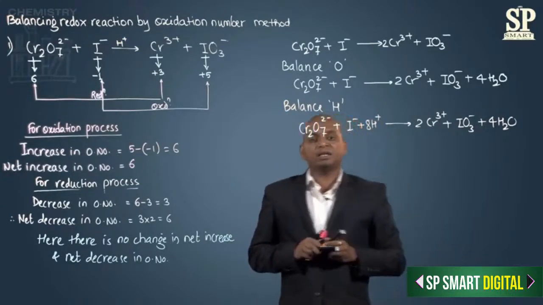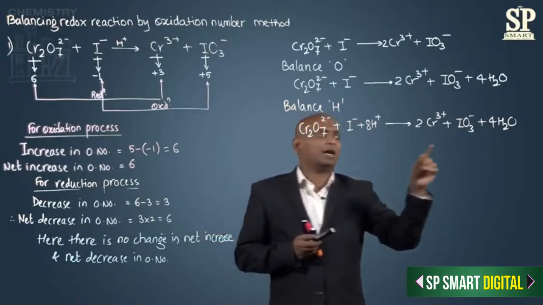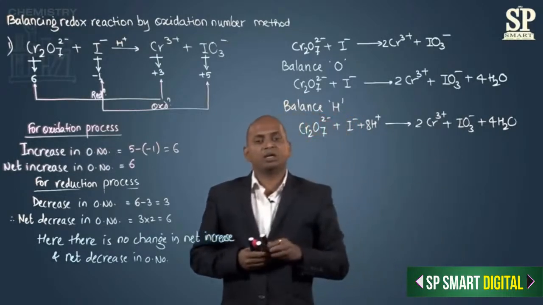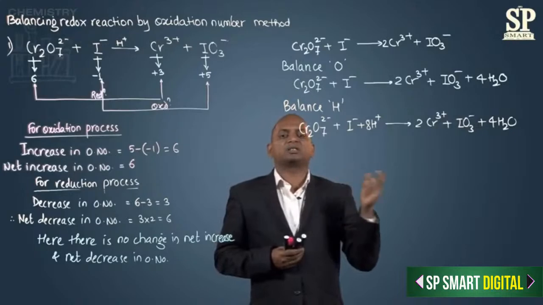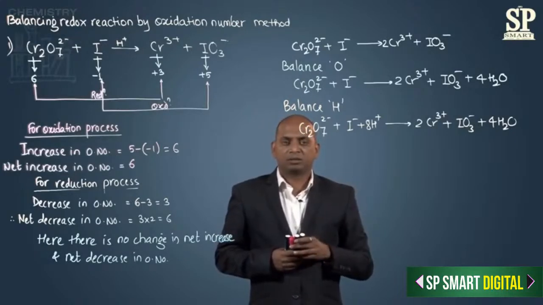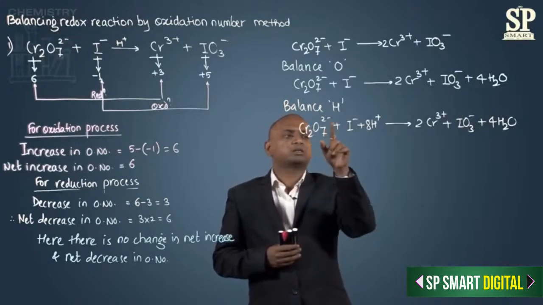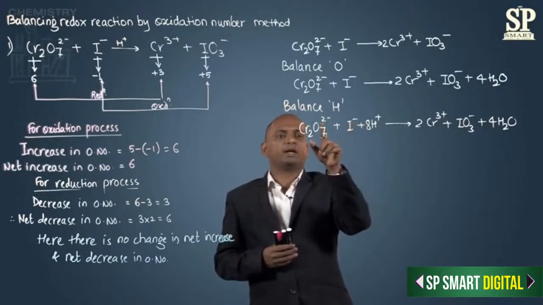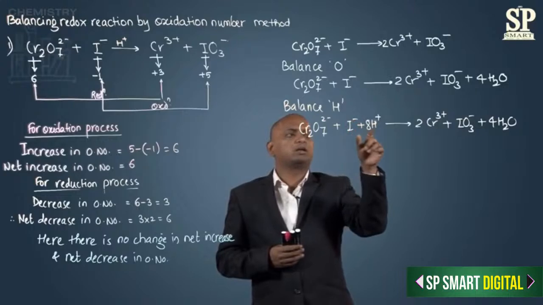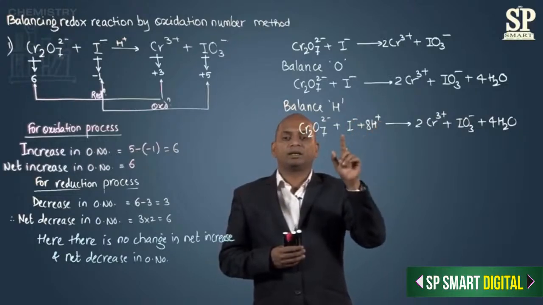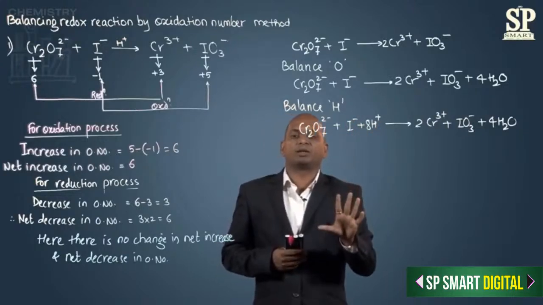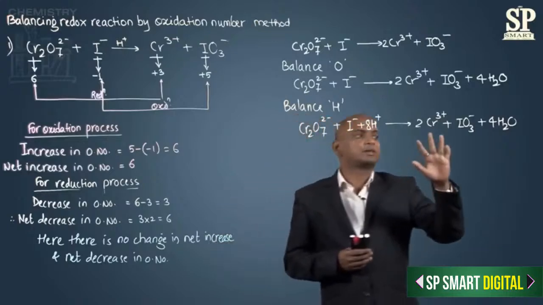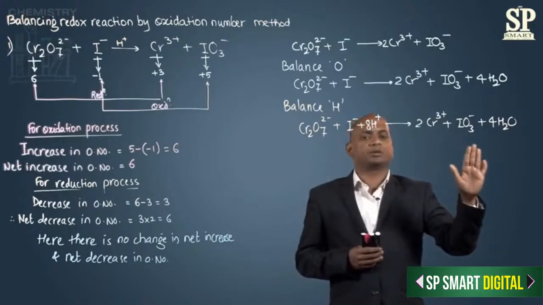Now interestingly, if all the atoms get balanced over here, automatically the charges also get balanced. Minus 2, minus 1 and plus 8, so that becomes 5+ on this side. On the other side, 6+ minus 1, 5+.